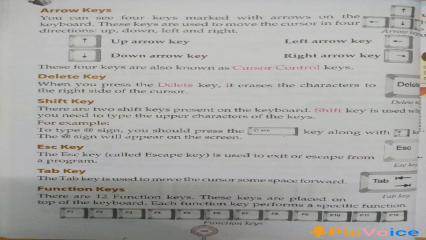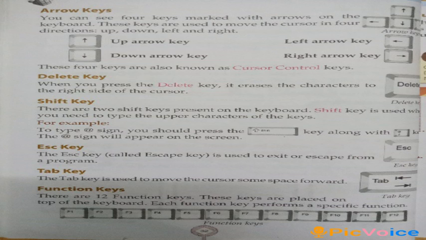Also, these 4 keys are known as cursor control keys. Then delete key. Delete key helps us to delete or to erase the characters to the right side of the cursor. My dear students, already we know what is cursor. Cursor is a small blinking line on the computer screen.